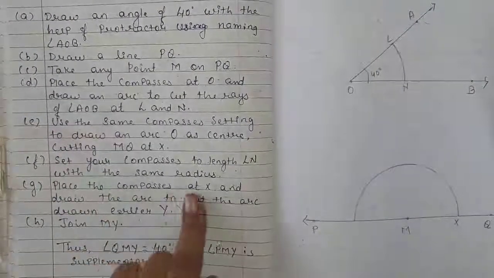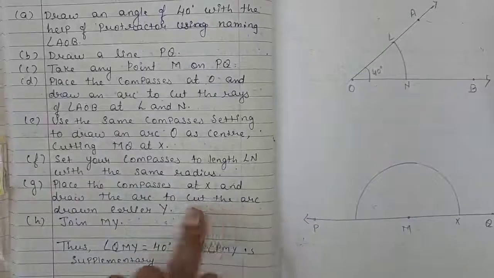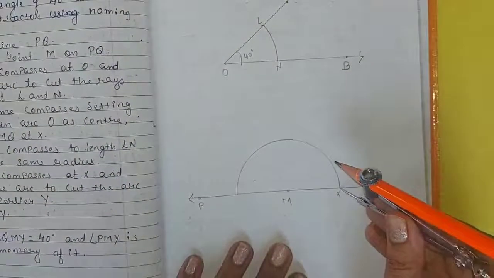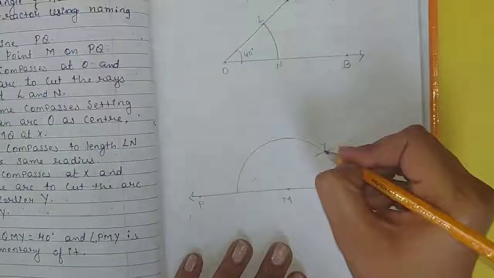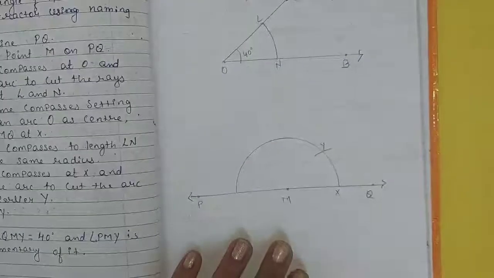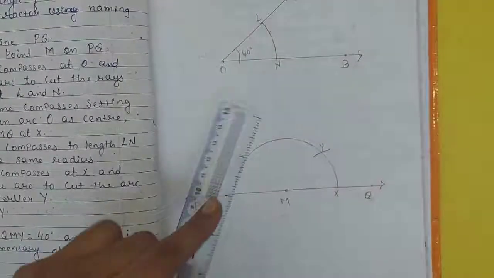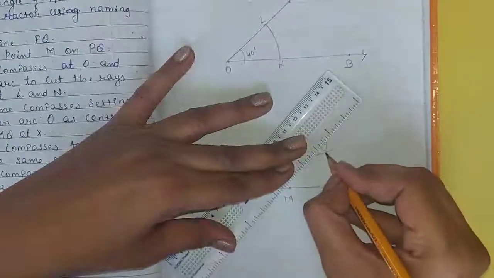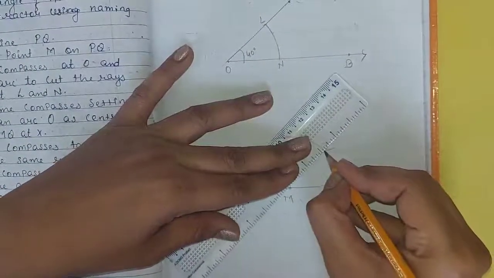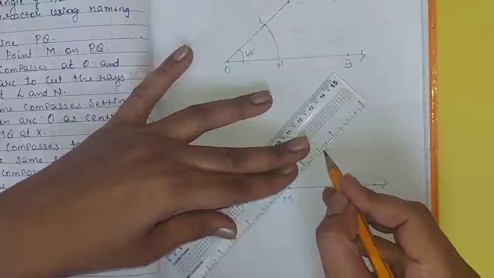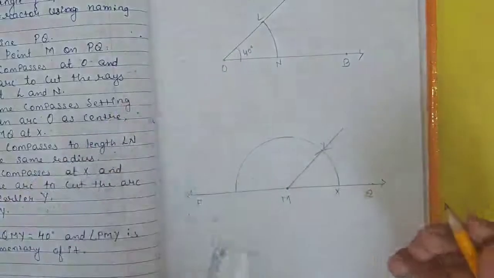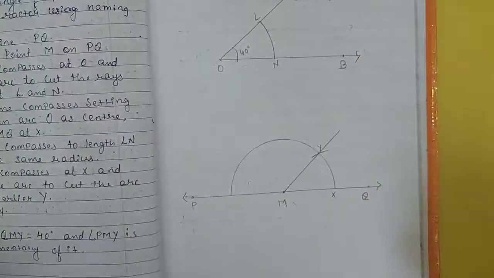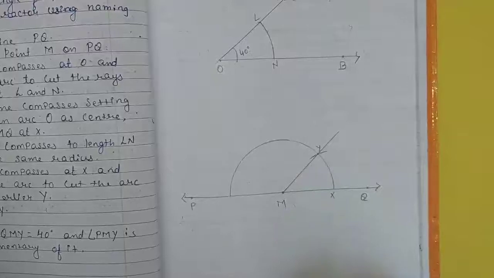Place the compasses at X and draw the arc to cut the arc drawn earlier at Y. So here we place the compass at X, draw one arc, and label the point where it cuts the earlier arc as Y. Now we have to join MY. So students, we have joined MY. Now let us see the next step.